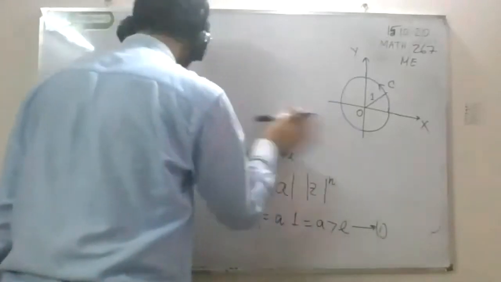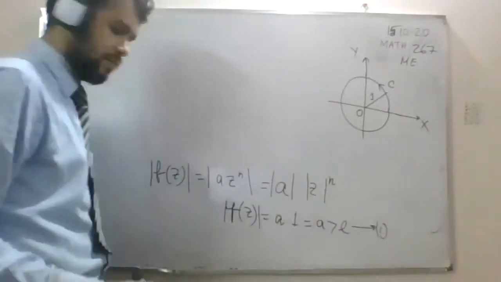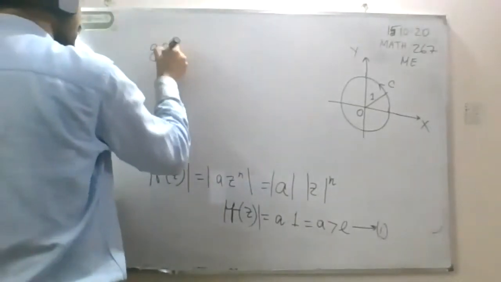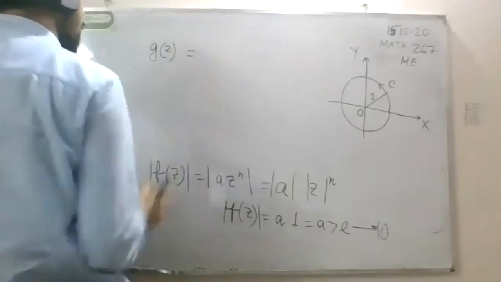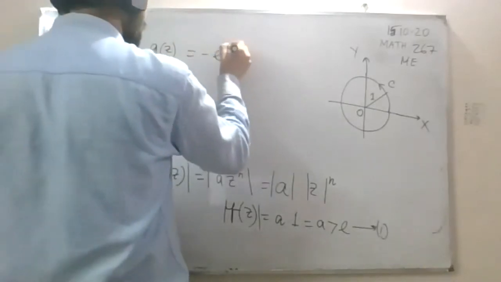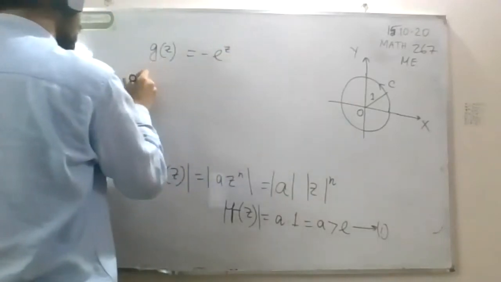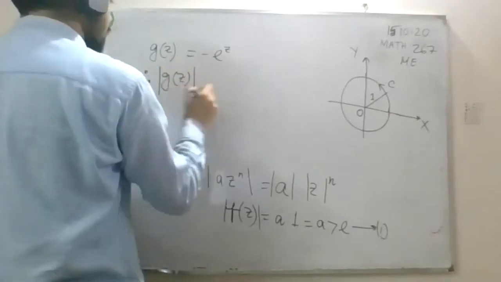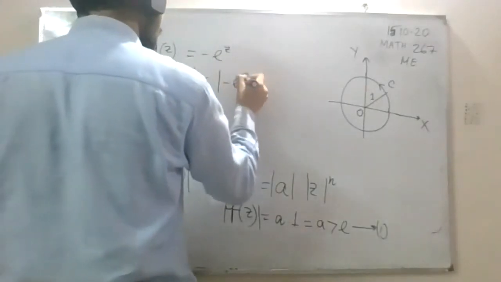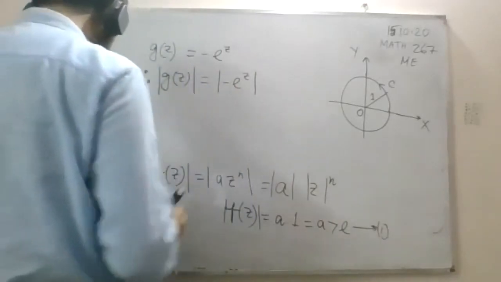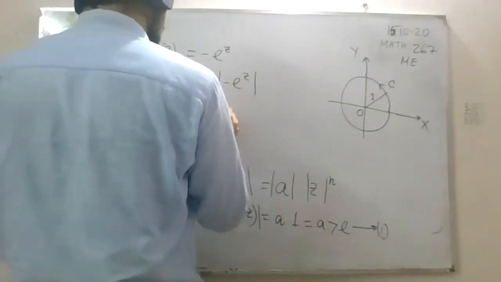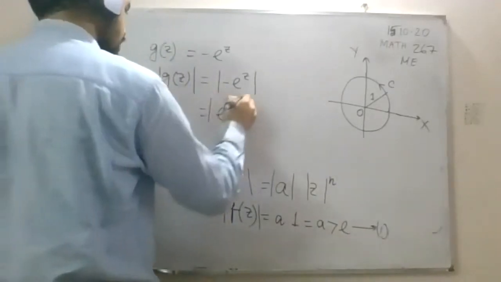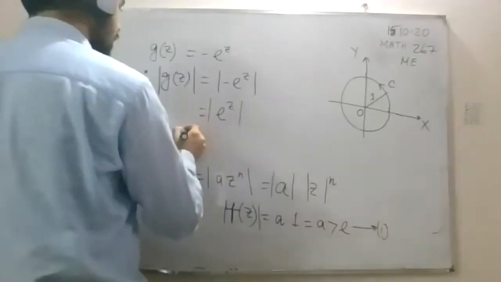In our next picture, for g of z, from here say it is e to the power z. Right.